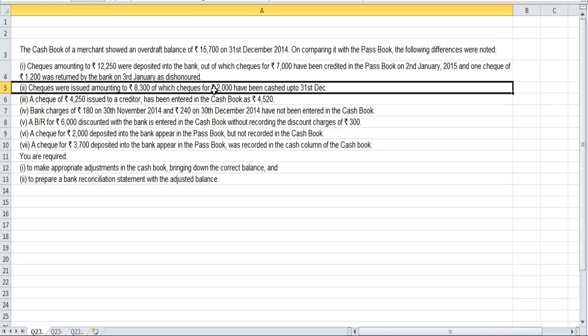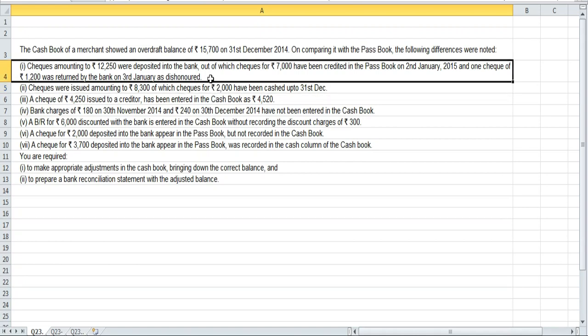So here also there is no error, only omission. Now input error means mistake. You are supposed to debit 10 rupees in the passbook, but you have debited 100 rupees. So that is an error, an entering mistake. So understand the difference.